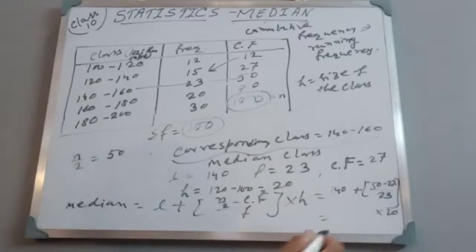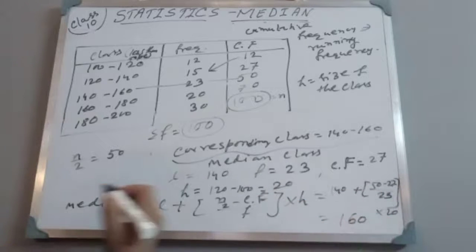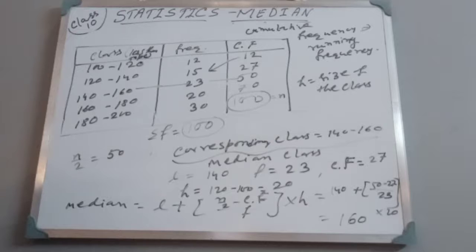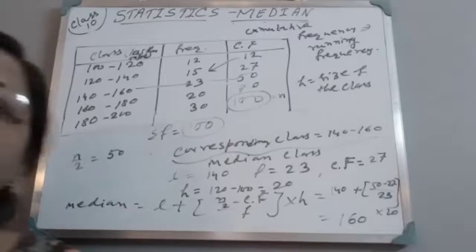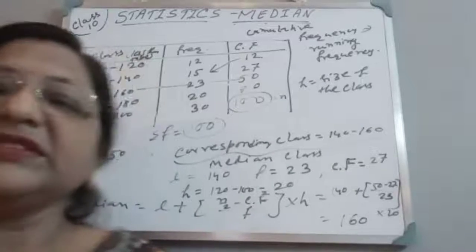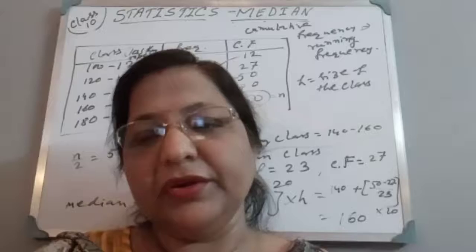Just do this calculation part, we will get this as 160. So this is the median for this sum when the frequency is given. That means this is the method to find the median for the frequency distribution table. Now we will start the exercise coming with a new video. Thank you.